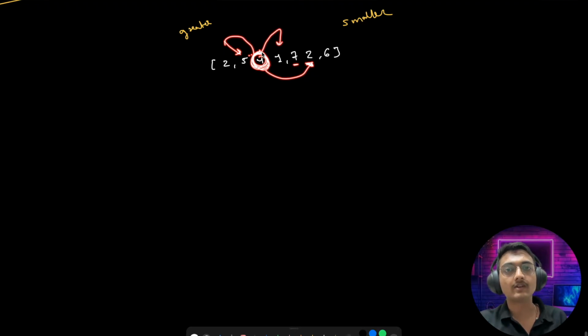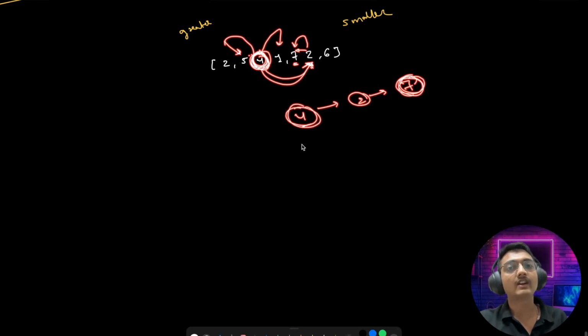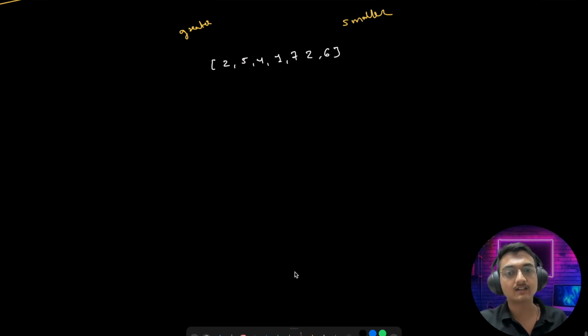How will I be jumping? I will take this jump to 2, and then from this 2 can I go to 7? Yes, because this is from the left side and this is greater. From 4 I will go to 2, and from 2 I will go to 7. If there is any path from 4 to 7, direct or indirect, I can return an answer of 7 here.